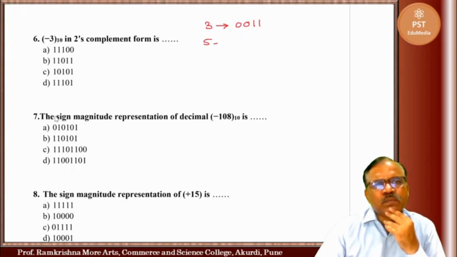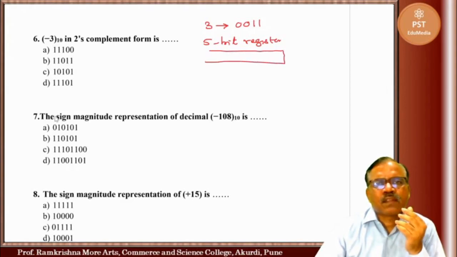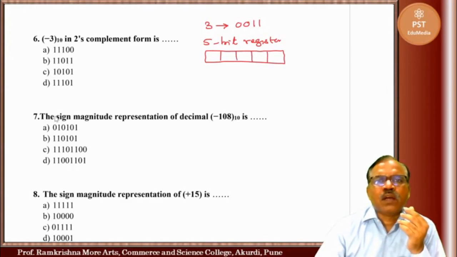Now we will use a 5-bit register, 1, 2, 3, 4, 5. Now the number is 0, 0, 1, 1 and here 0. This is the sign. Now this is plus 3.